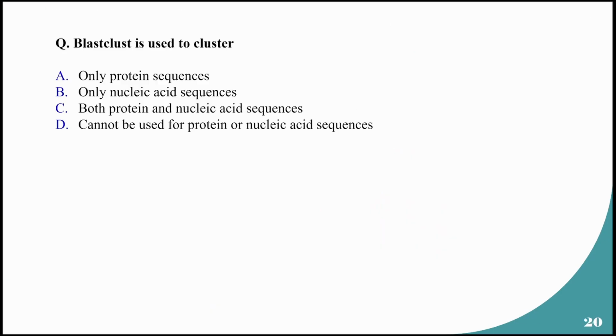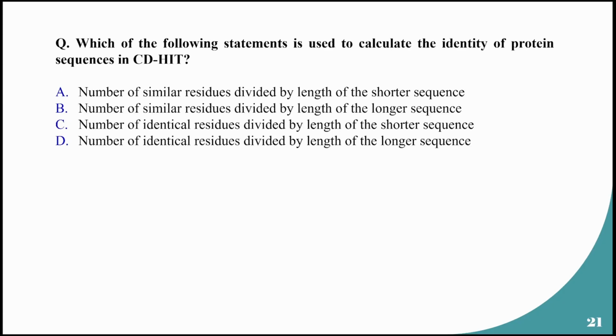Okay. We also talked about BLASTClust in our earlier class, I guess. So BLASTClust can take both protein and nucleic acid sequences, and it is able to cluster those, right? And then we talked about CD-HIT. So do you remember what was the particular formula for calculating identity of protein sequences if we have different lengths of sequences?